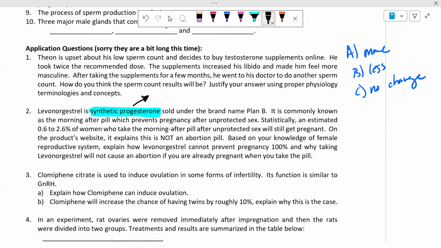After pregnancy? Not after pregnancy, just progesterone in general. Did you say increase or decrease? Decrease. Decrease what?